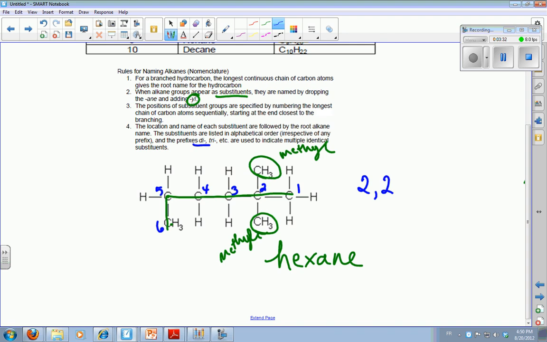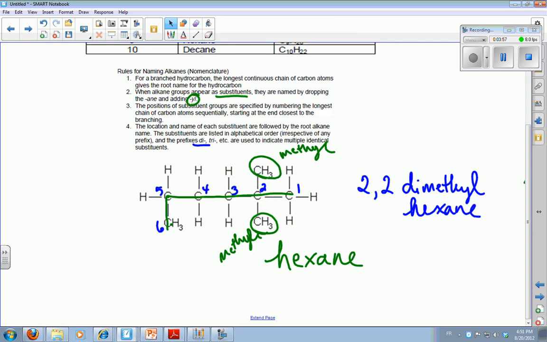Even though both are on the second carbon, I have to be redundant and say 2,2. I could have had a methyl group on the second and third carbon, and then I would have said 2,3. So you can't just say 2-dimethyl. I have to say 2,2-dimethylhexane. That's the name of this one.